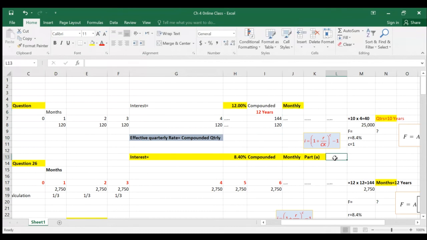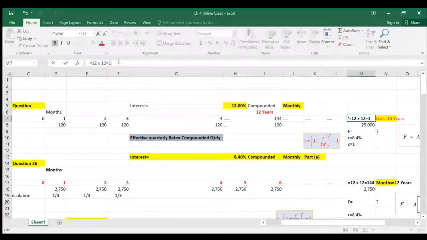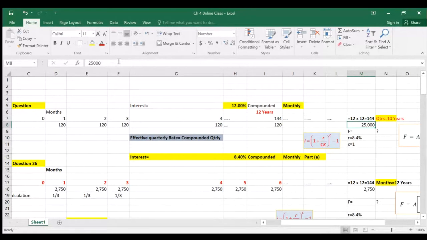So how do we calculate? First of all, our time period will be 12 multiplied by 12, which is 144. If our R is 12%, what will be our effective rate?